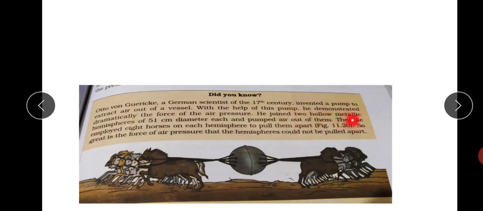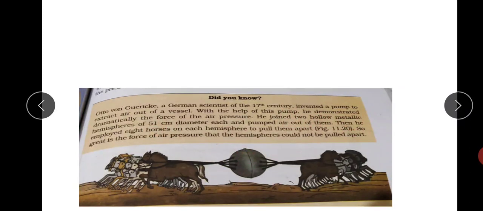He joined two hollow metallic hemispheres of 51 centimeter diameter each and pumped air out of them. Then he employed 8 horses on each hemisphere to pull them apart. So great is the force of air pressure that the hemispheres could not be pulled apart.